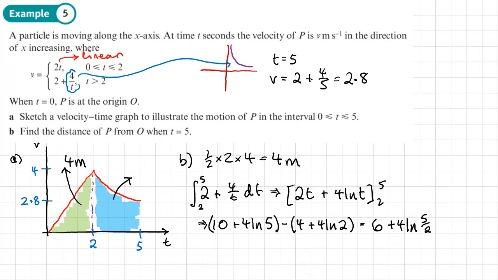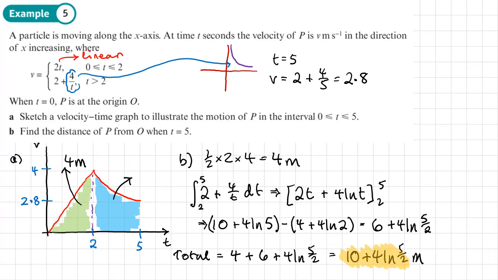Then the complete displacement in total is going to be my 4 plus the 6 plus 4 log 5 over 2. So that gives me 10 plus 4 natural log 5 over 2, and that will be in meters. So remember, the area under a velocity time graph is the distance.